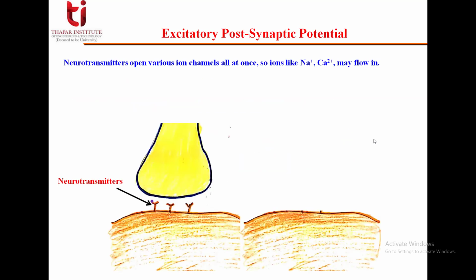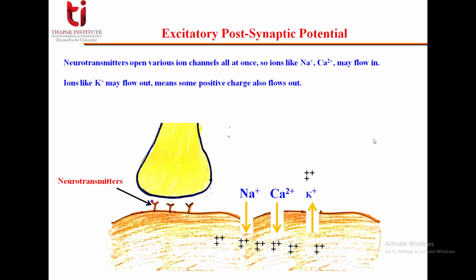Now next we will discuss some terms which are further useful in producing or maintaining the resting potential and the action potential. So in that we have the excitatory post-synaptic potential. When neurotransmitters bind to the receptors on the dendrites, they open various ion channels all at once, like the sodium ion channel and calcium ion channel, so those ions can flow in, and ions like potassium can flow out.